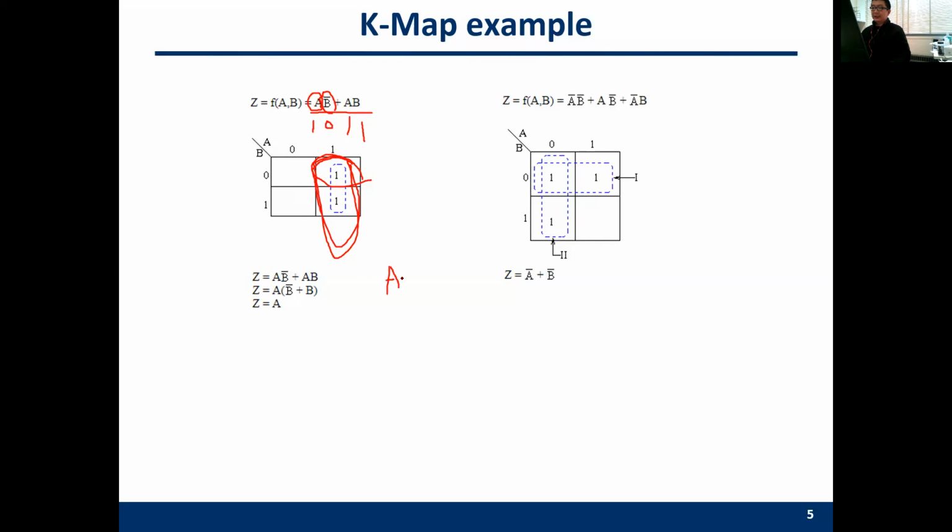A cannot be 0 because we have nothing here. And for this large circle, B can be 0 and B can be 1, so it's not related to B anymore. We can ignore B. So eventually Z is equal to A. A is the value of this large circle. Any question?